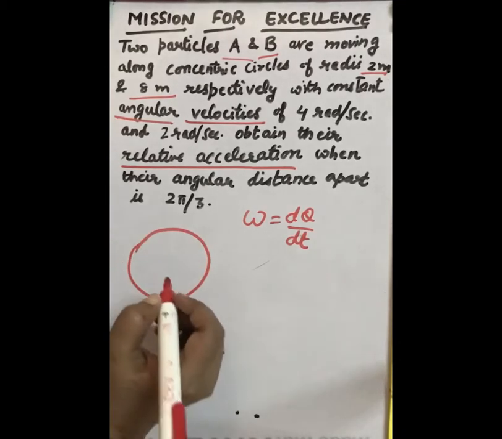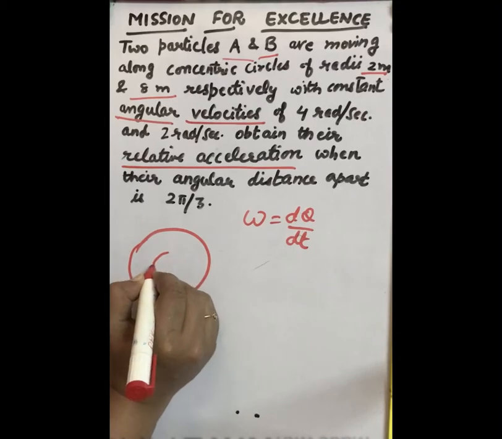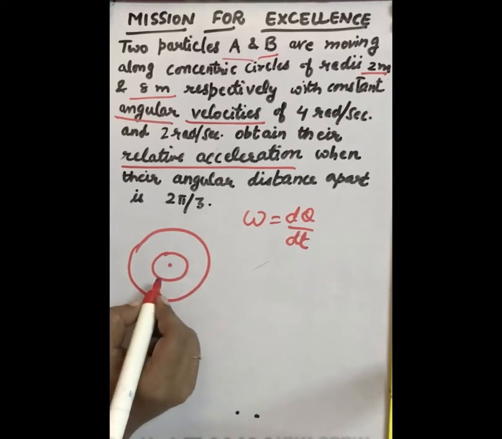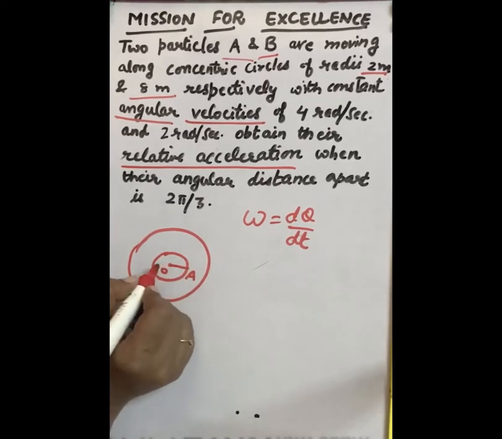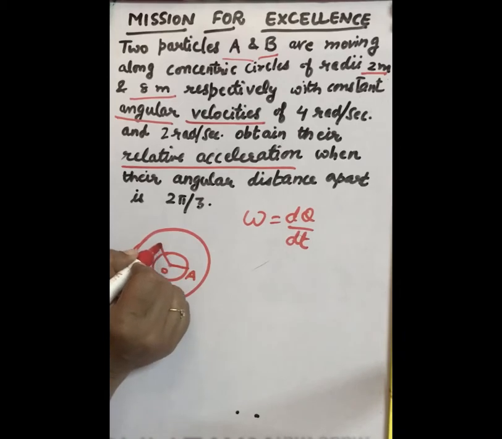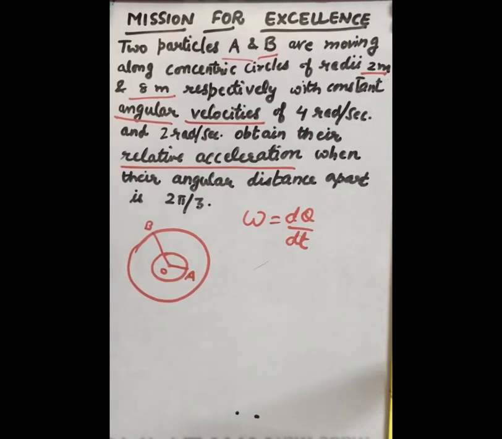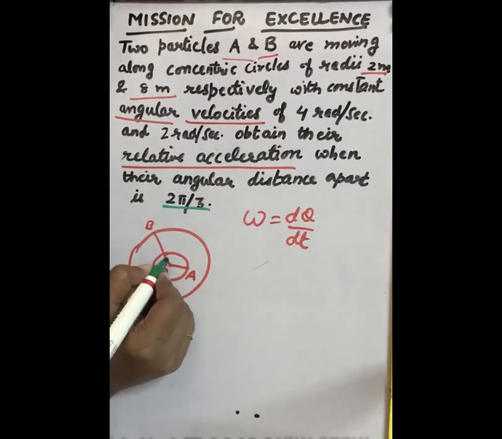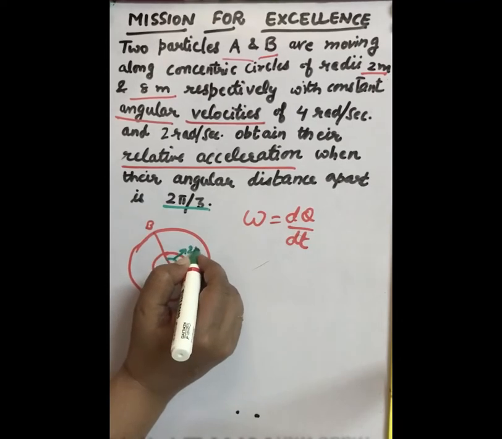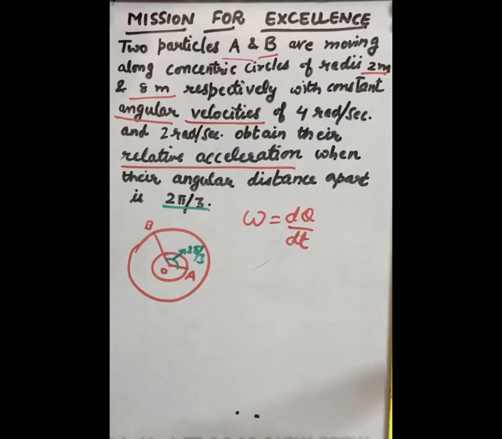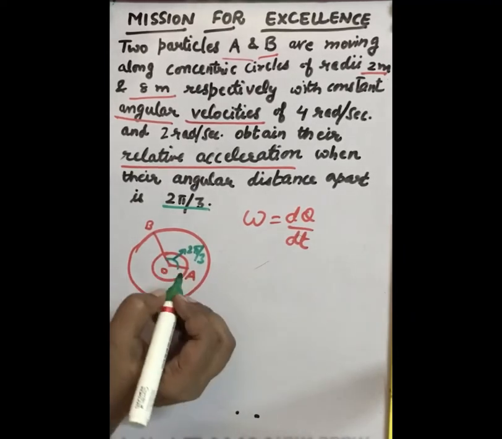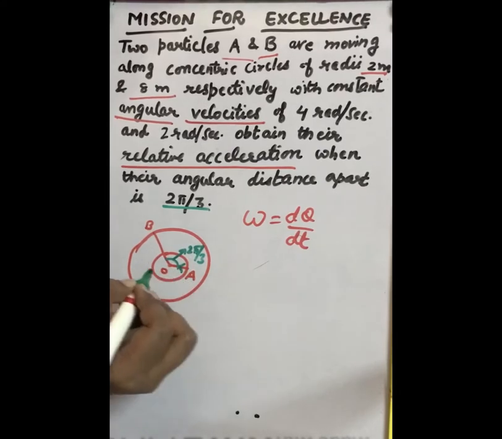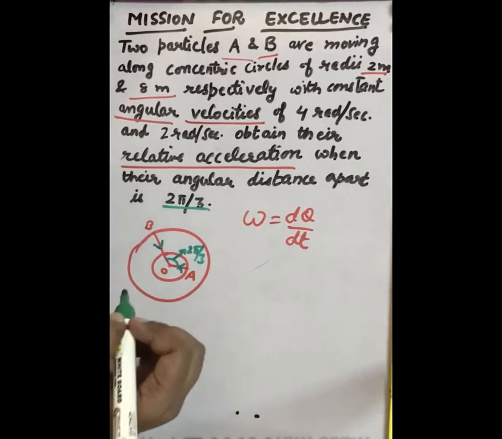Since the two particles are moving in concentric circles, let us make two concentric circles. This is particle A moving in this circle and this is particle B. Suppose here is particle B and the angular distance between them is 2 pi by 3. So let us take this angle as 2 pi by 3. Since we know the acceleration is always towards the center in case of circular motion, the direction is this one, towards the center.